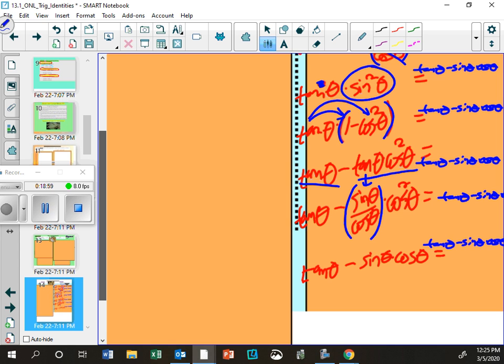And that's also good because then the cosines can cancel because we've got a cosine squared here and a regular cosine here. And when the cosine squared gets canceled with a regular cosine, there's still one cosine left. And before you know it, it's exactly the same as the right side. And it's done. Left side equals right side.